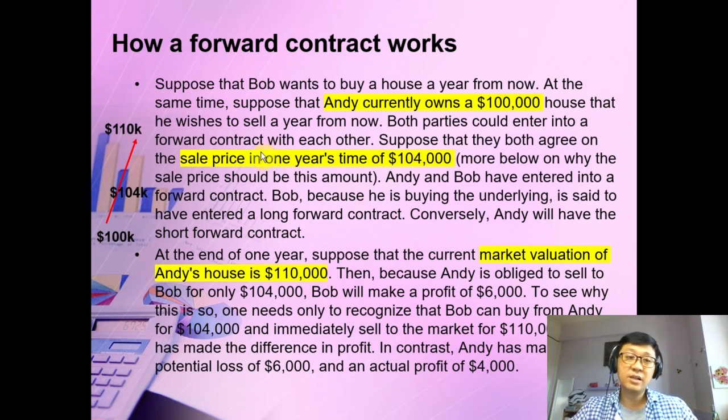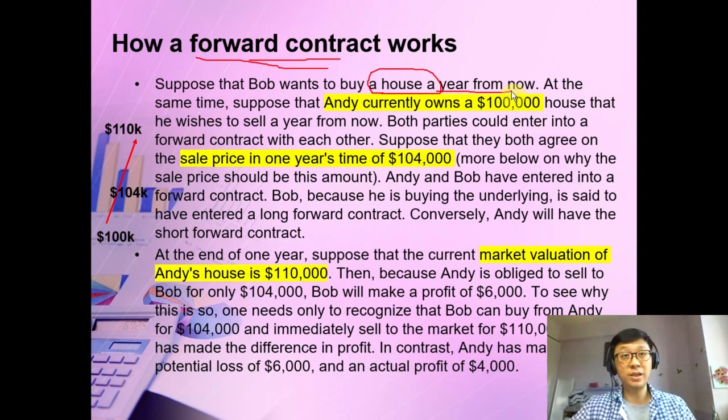Let's take another look at how the forward contract works. Here we are looking at somebody trying to buy a house. The house is the underlying asset, and we are talking about buying the house 1 year later, which is quite common. Usually, houses don't get transacted very fast. It takes a couple of months for the whole transaction to complete, and then you need to wait for the person living in the house to move out.